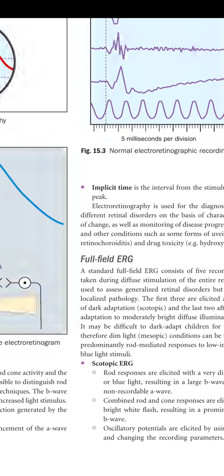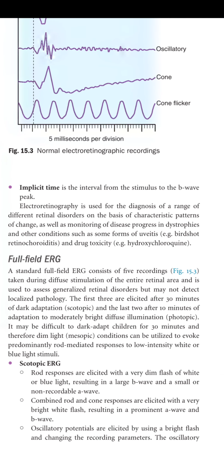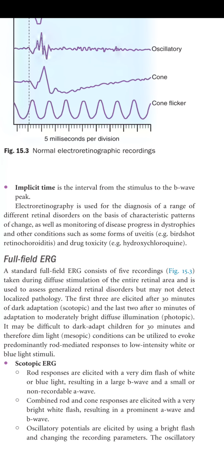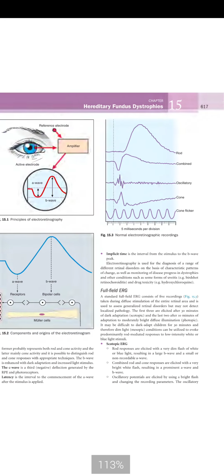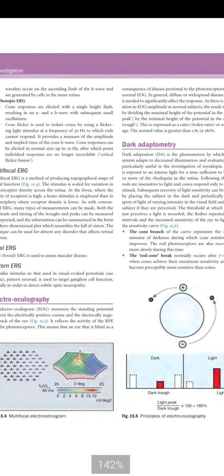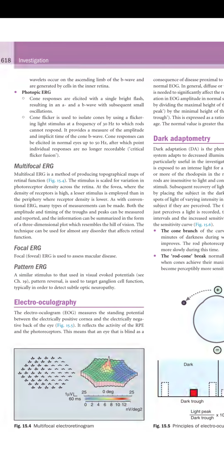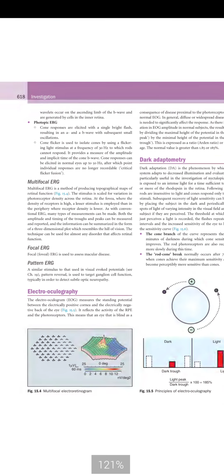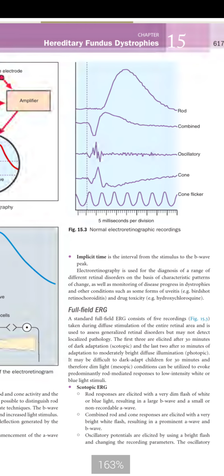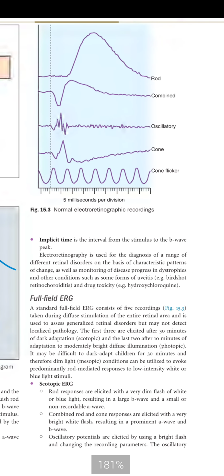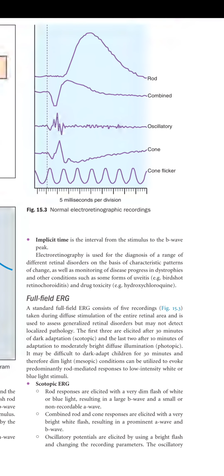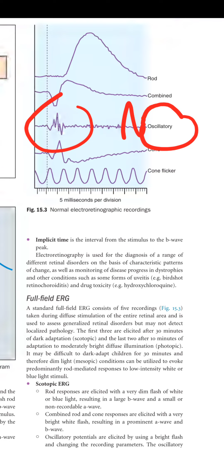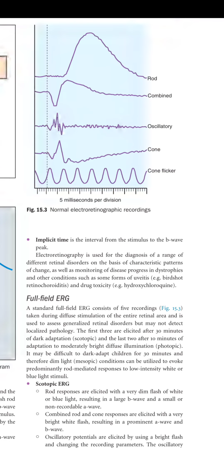Then there are oscillatory potentials, elicited by using a bright flash and changing the recording parameters. The oscillatory wavelets occur on the ascending limb of the B wave and are generated by cells in the inner retina. So we continuously stimulate the retina with the bright flash and record the parameters, and it results in an oscillatory pattern.